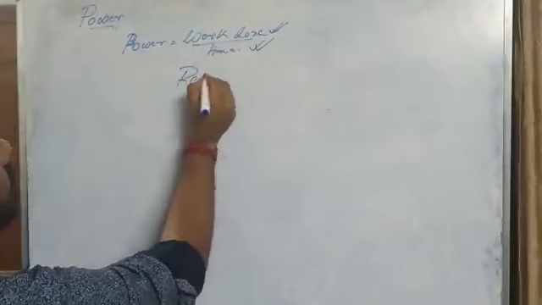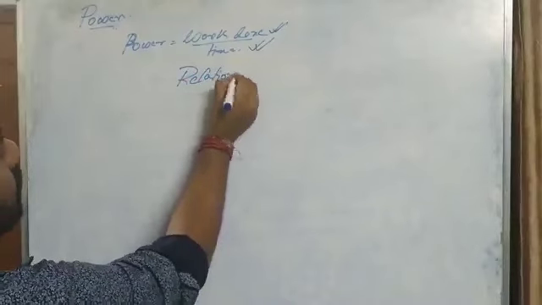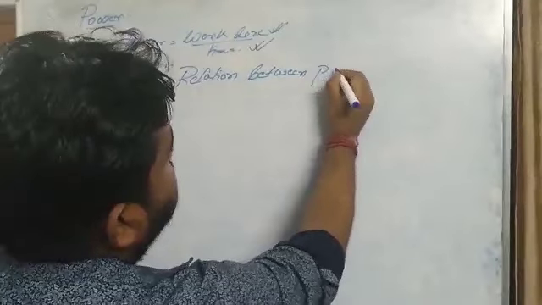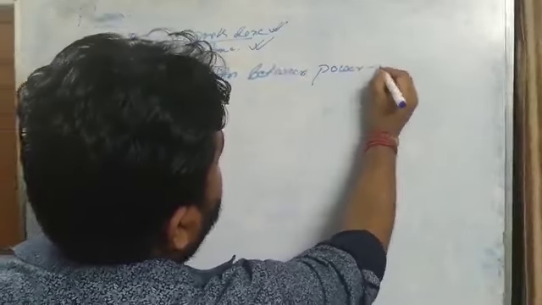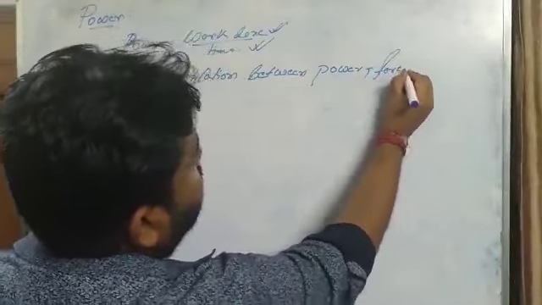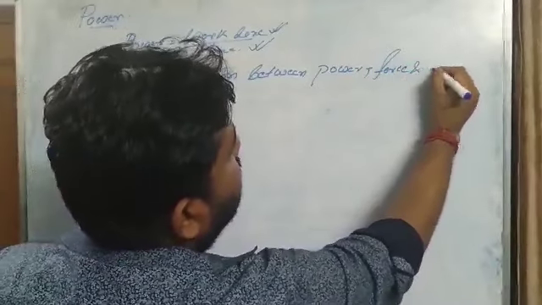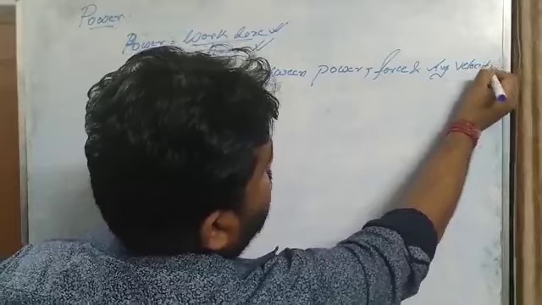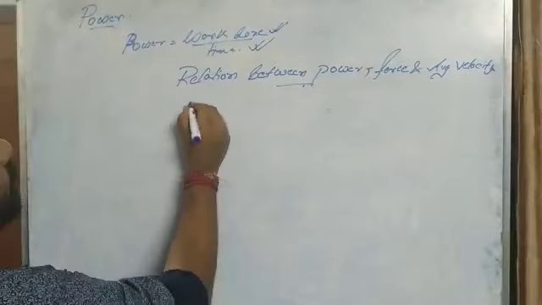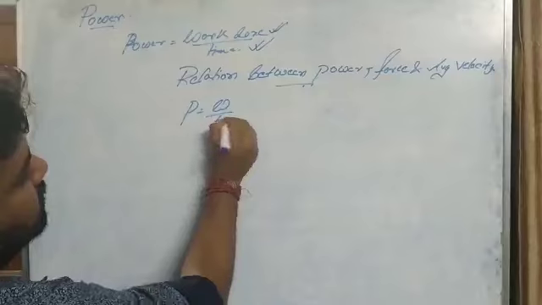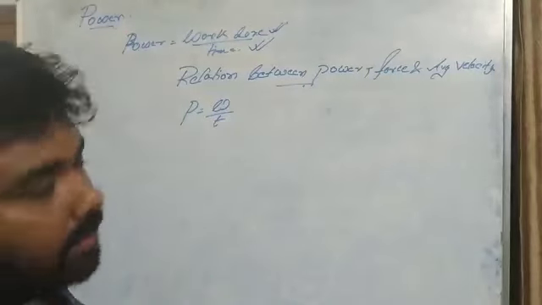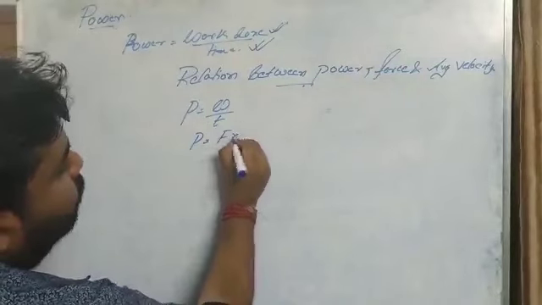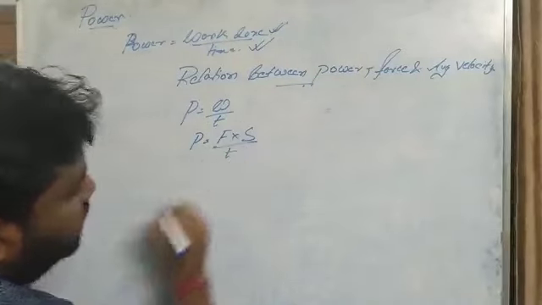Relation between power, force, and average velocity. P equals W by T, that is work done by time. And what can I write? Work done equals force into displacement by time.